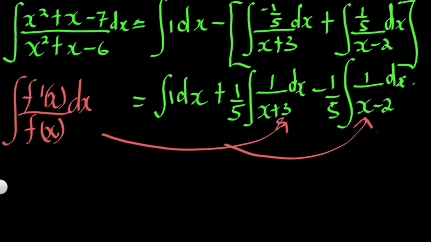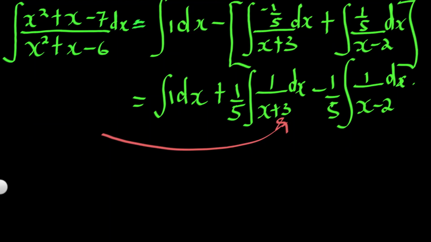And we know from our formula sheet that if we have something like this, the answer is the natural logarithm of f of x plus a constant c, which means we are essentially taking the natural logarithm of the denominator and then we add the general constant c. That's what we have to do to integrate that. And there is really no problem in integrating 1 dx, because the answer is just x.